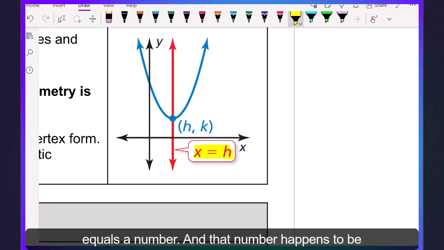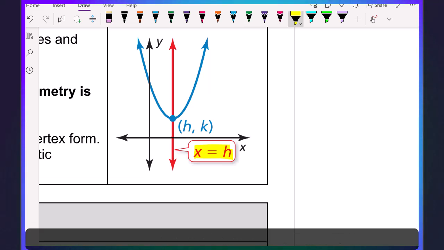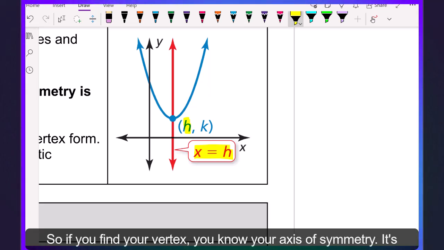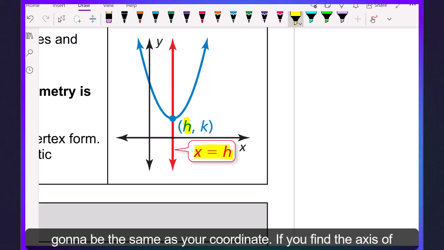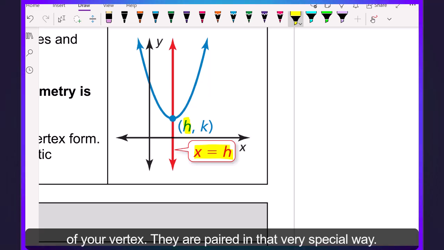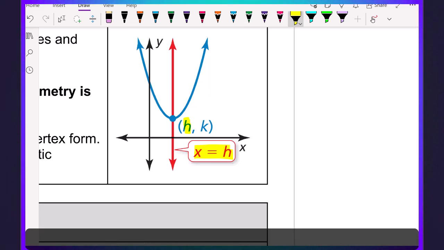And that number happens to be the first part of your vertex, which is your x-coordinate. So if you find your vertex, you know your axis of symmetry. It's going to be the same as your x-coordinate. If you find the axis of symmetry, that's going to automatically give you the first coordinate of your vertex. They are paired in that very special way.